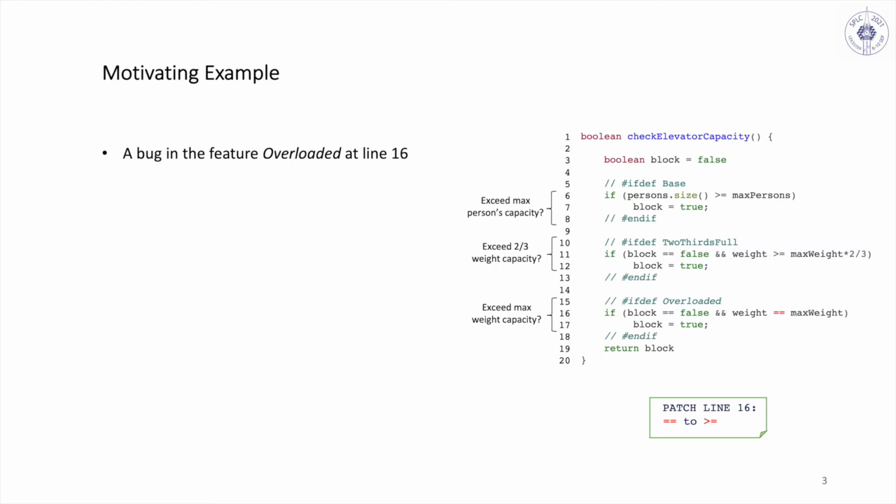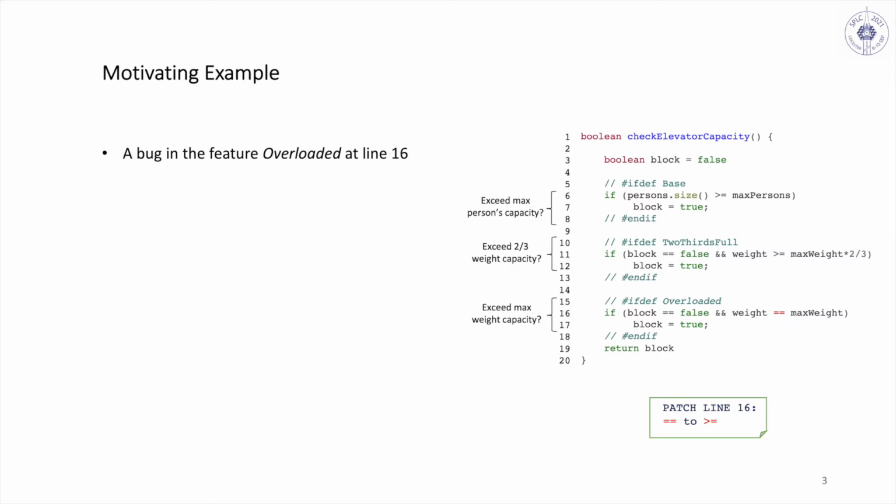The feature base checks if the number of persons surpasses the max capacity of the elevator. If it does, the elevator door will be blocked. Next, about the weight capacity, the feature two-thirds full checks if it exceeds two-thirds of the max capacity of the elevator, and the other, overloaded, checks if it completely exceeds the max weight.